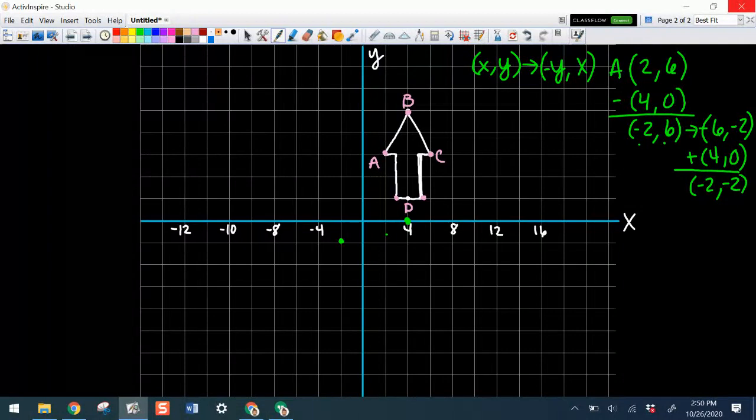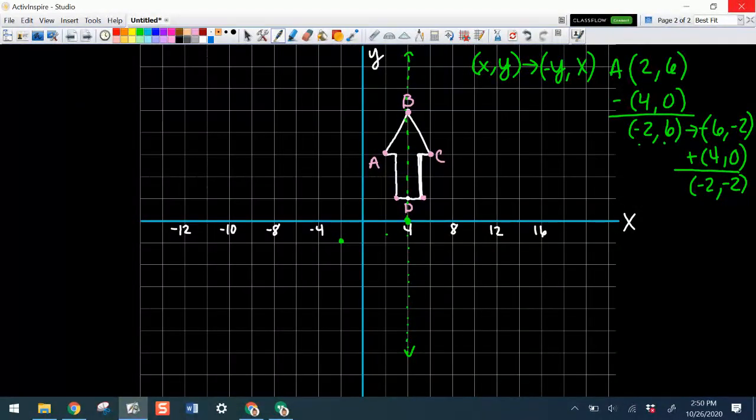Remember, it said that we wanted to reflect across the line x equals 4, which is right here. This is the line x equals 4. When we reflect across that line, however far a point is from the line of reflection, that's how far it goes on the other side.